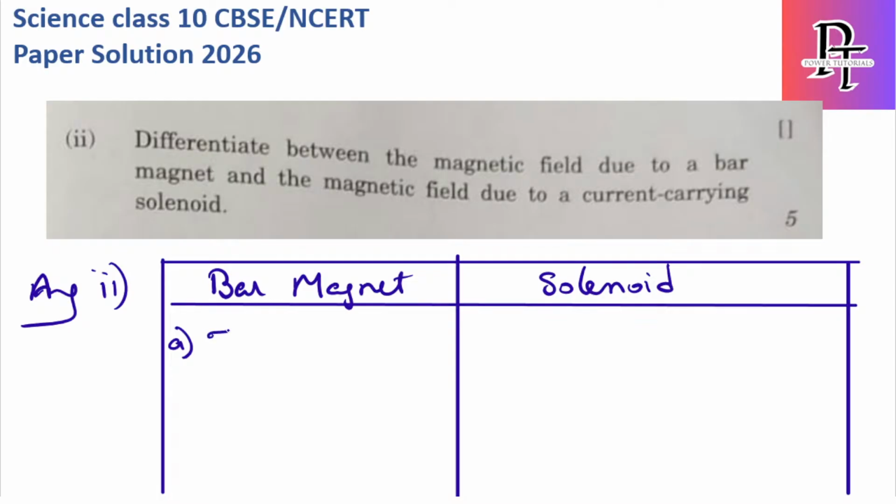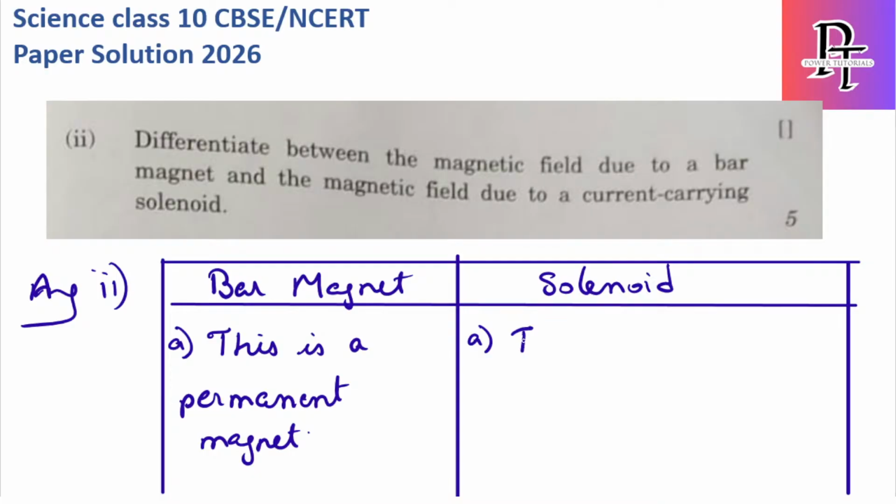First thing, bar magnet: this is a permanent magnet. What about solenoid? This is an electromagnet.